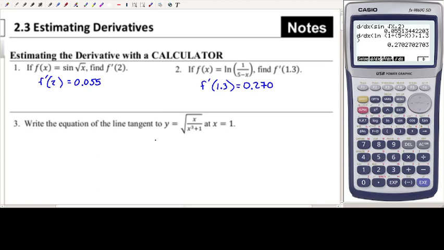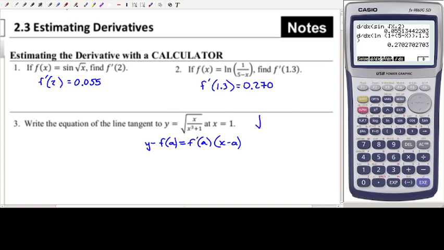So if you remember how that works, this was y minus f of a equals f prime of a times x minus a. So in this case, my a value is going to be 1, so I need to find f of 1 by plugging in 1 into my original function. So square root of 1 over 1 cubed plus 1.